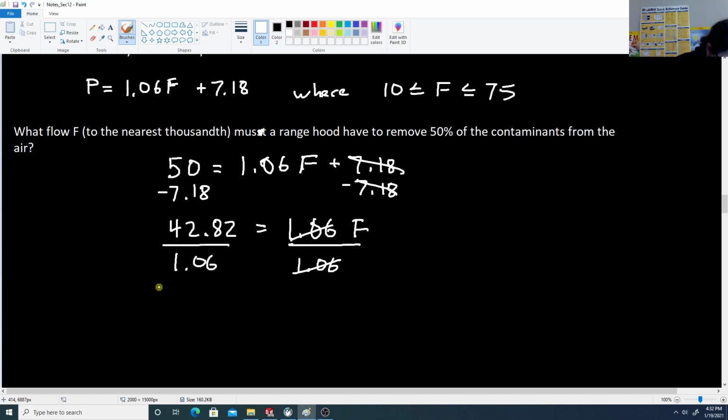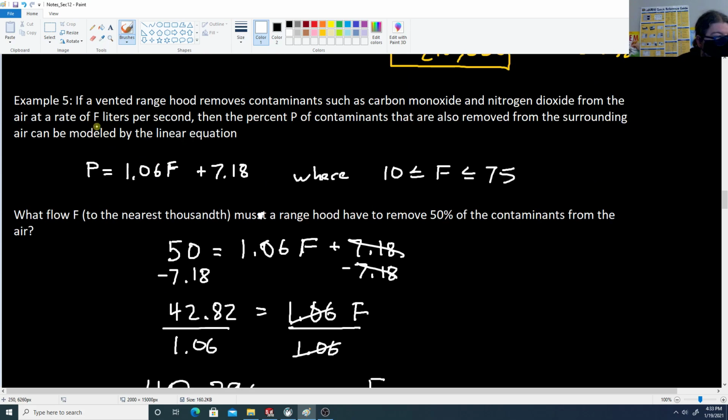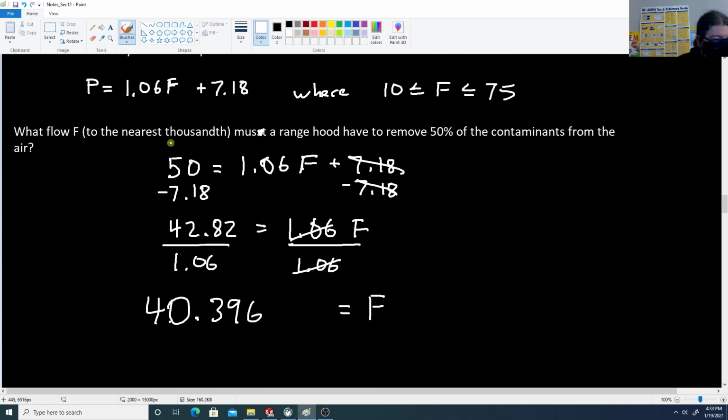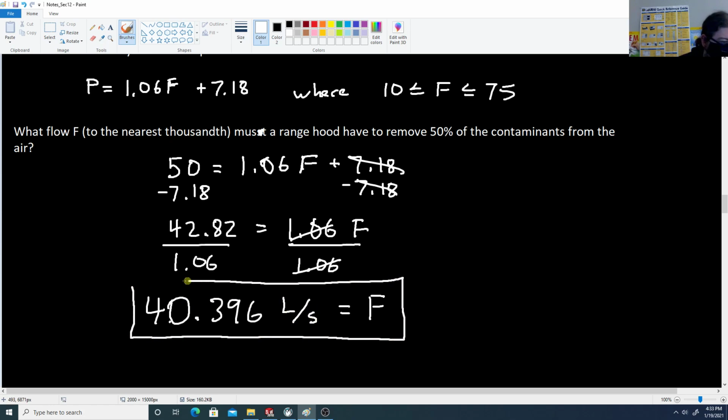So we get 42.82 divided by 1.06 gives us 40.396, and we'll just stop there. Is our flow rate. I need to figure out the units on this. What units did they say? Liters per second. So we'll say liters, which is L per second. This is the flow rate that we're dealing with.